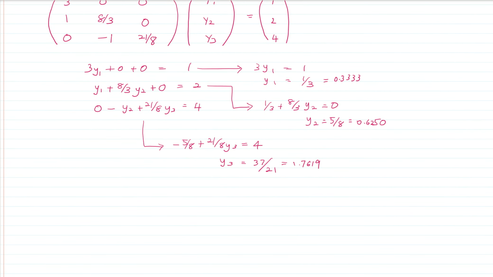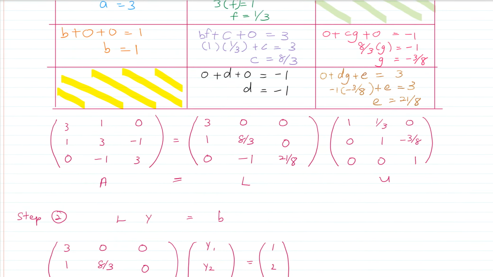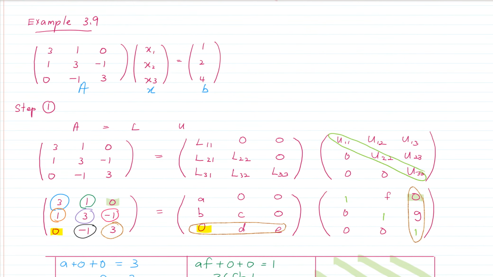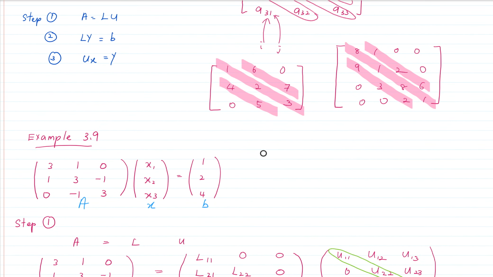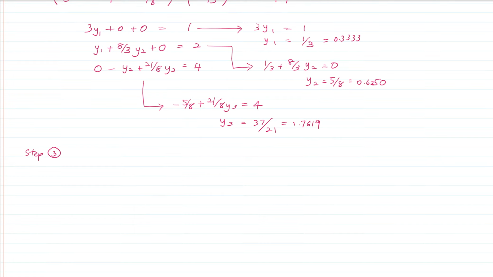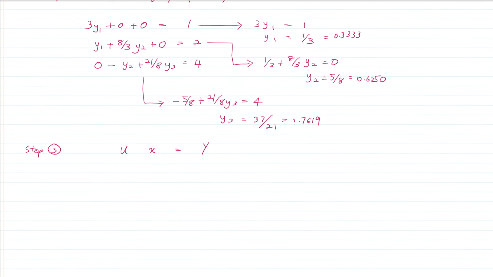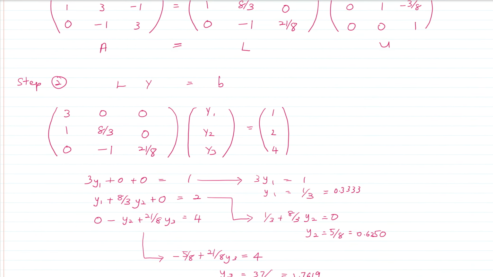Okay, move to step number 3. Step number 3 is UX equals Y. We can get the matrix U from here.